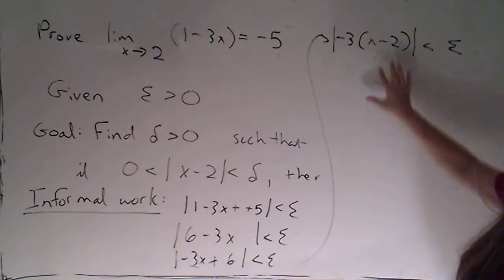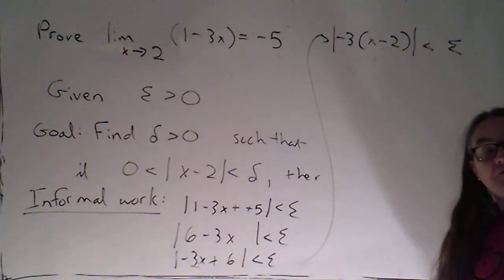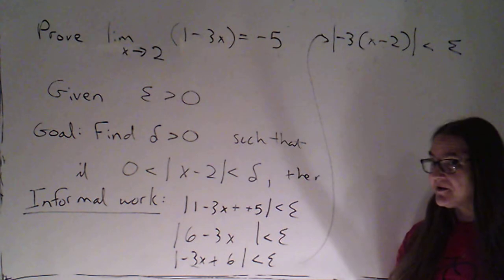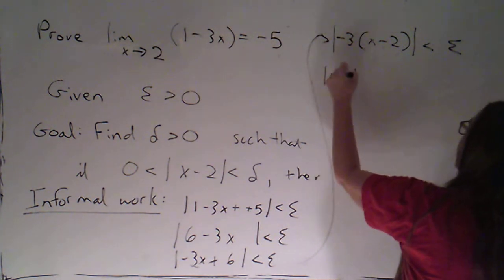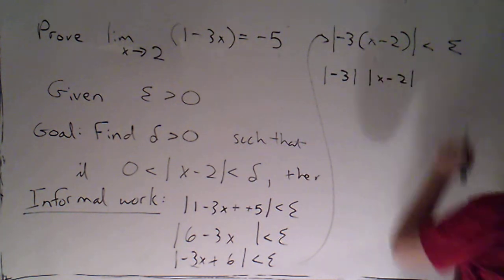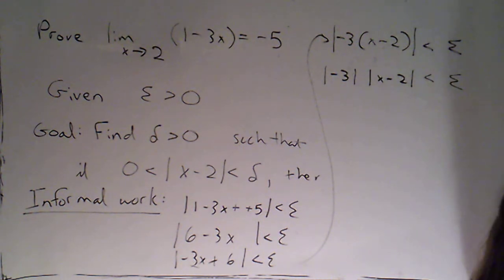Okay. Now, this is the absolute value of a product. Absolute values distribute over multiplication. Don't distribute over addition, but they do distribute over multiplication. So this is the absolute value of negative 3 times the absolute value of x minus 2, and that's got to be less than epsilon.